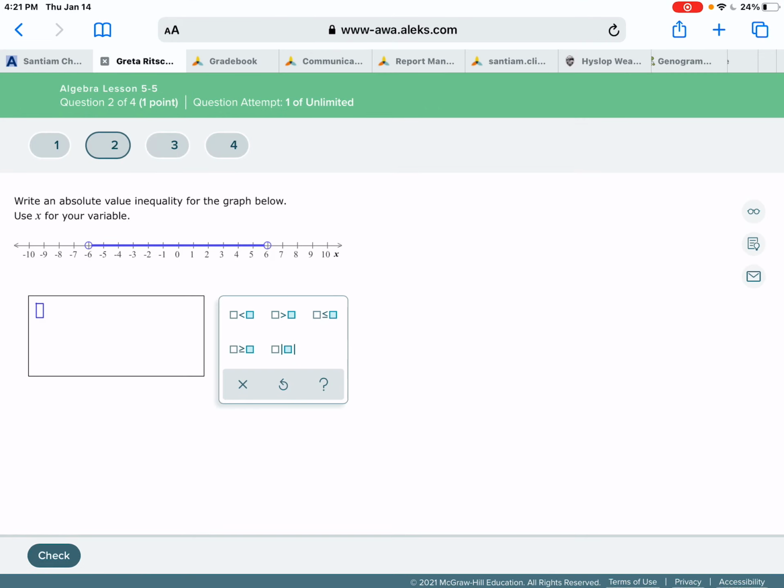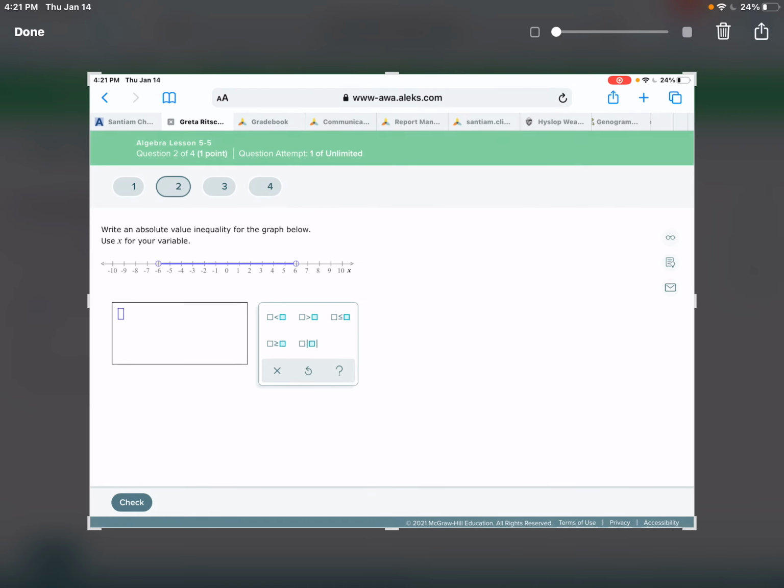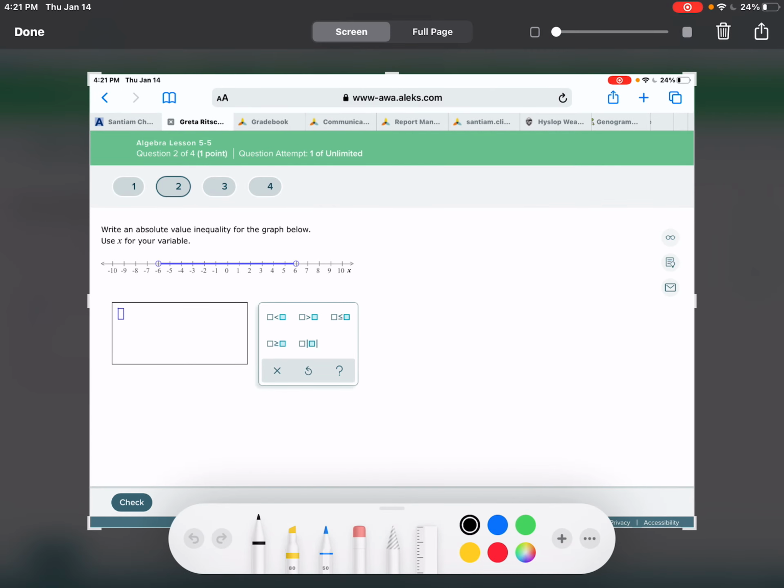For number 2, it says write an absolute value inequality for the graph below and use x for the variable. Notice that we have an "and" here because obviously we have an overlap. So we're going to say that not only is x greater than negative 6, x is also less than 6.